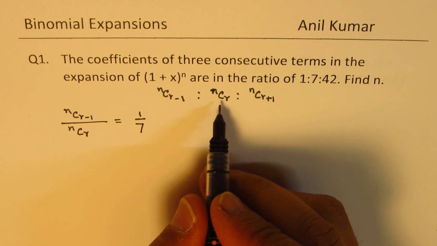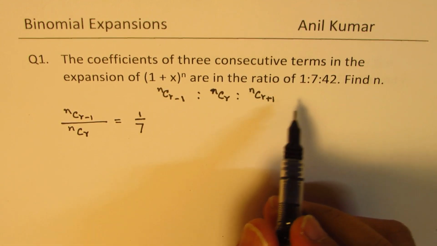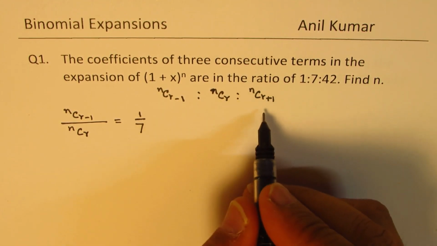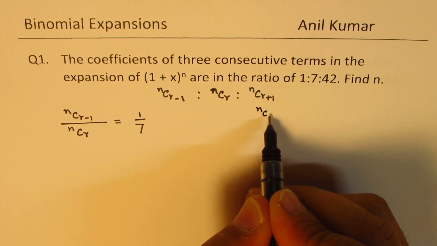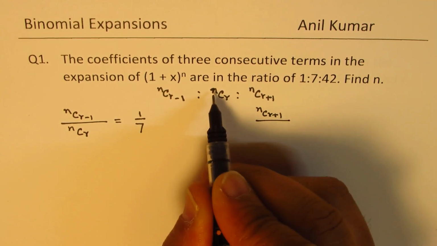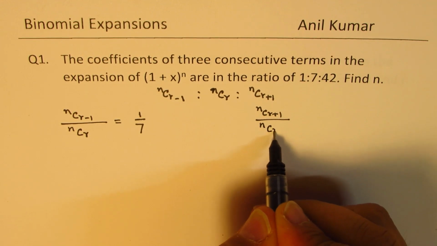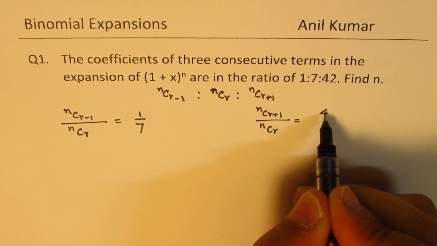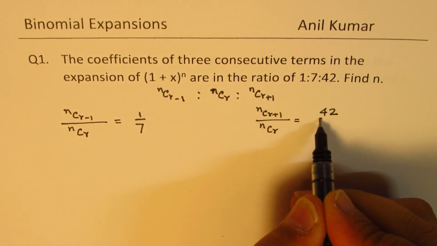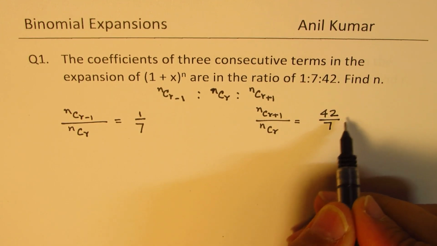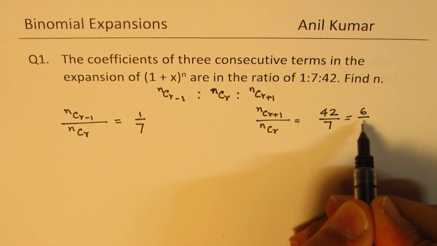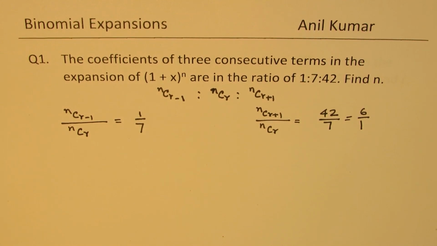On the other side, we could work with the ratio of nCr+1 over nCr, and that ratio is 42/7, right? 42/7 is 6. Let me write this as 6/1. So this is the ratio given to us.